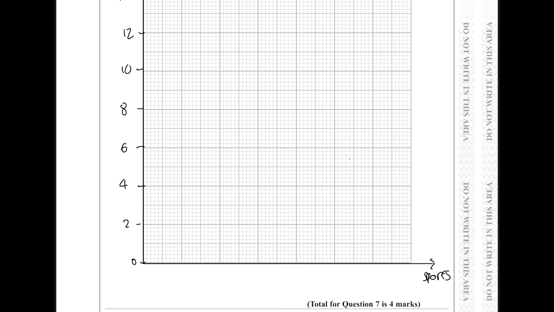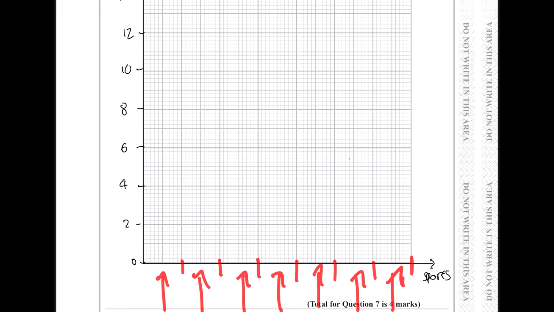So what I can do is firstly figure out how much space we have. On this one, we've got 1, 2, 3, 4, 5, 6, and then 7 lines, which means that in total we have 1, 2, 3, 4, 5, 6, 7. So yeah, that should work.